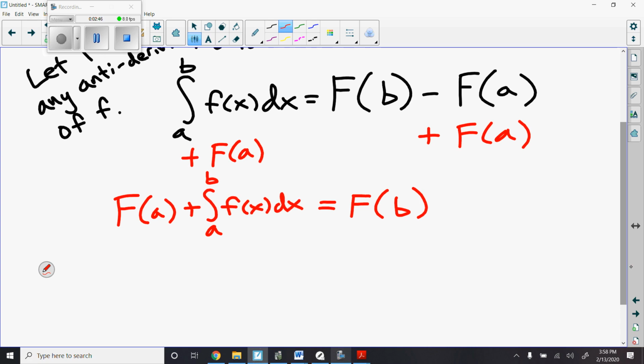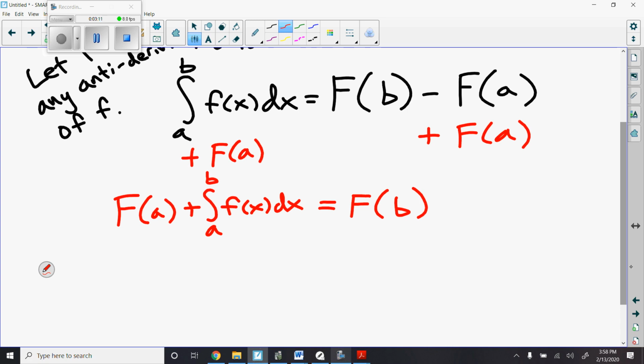So if we want to know a point on an antiderivative equation, we just need another point, which will usually be given to us, and we can just add it to the definite integral from that initial condition point to the point that you want, and that will always give us capital F of B.